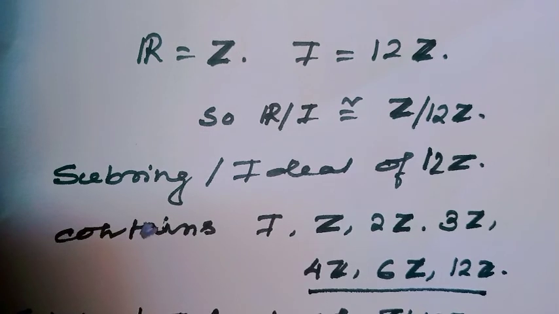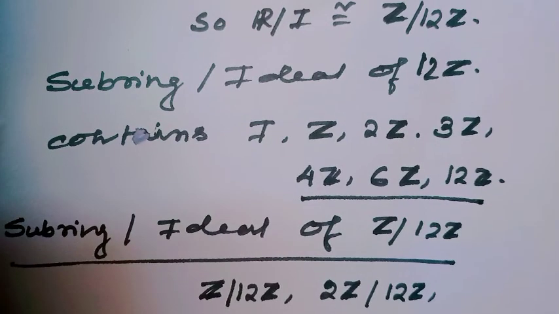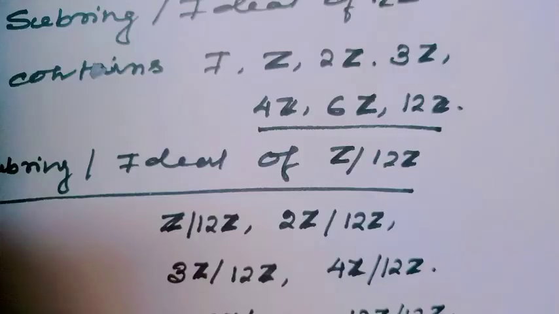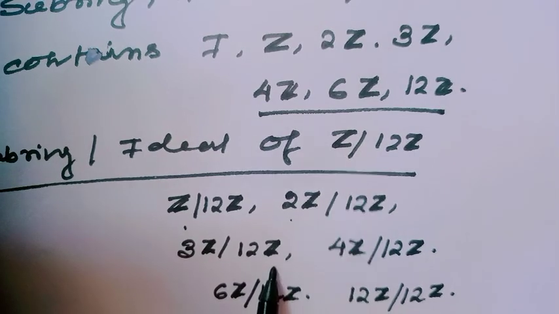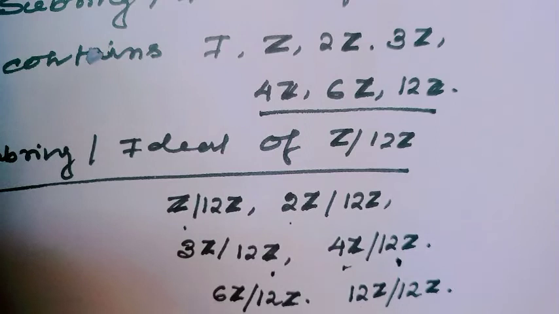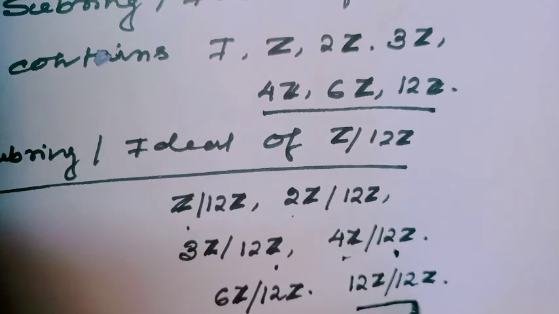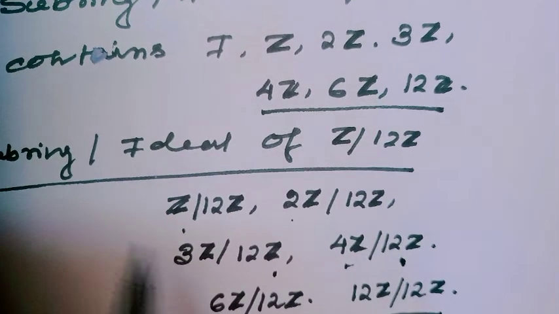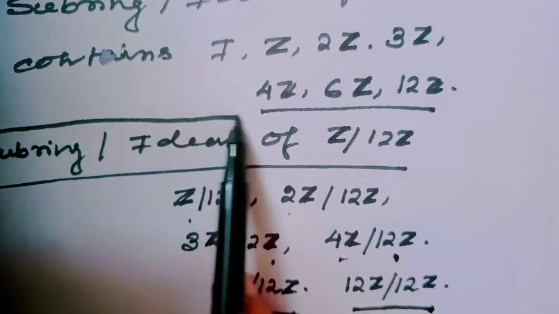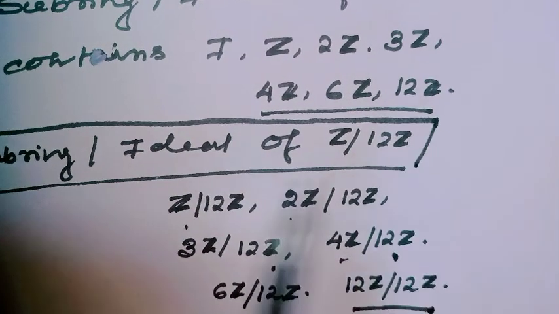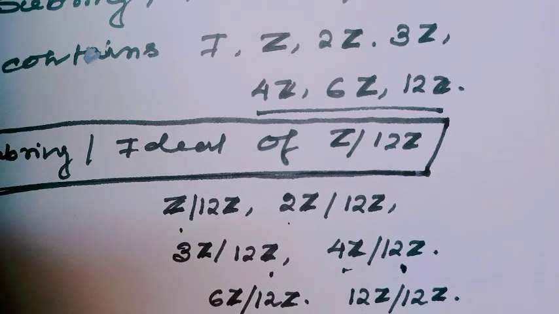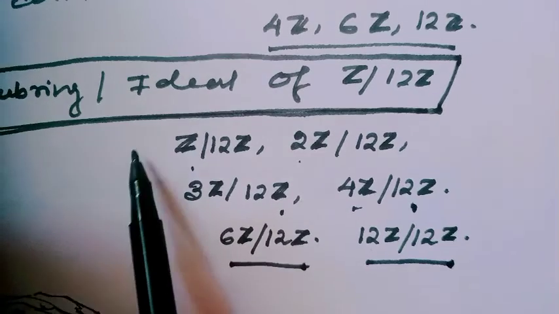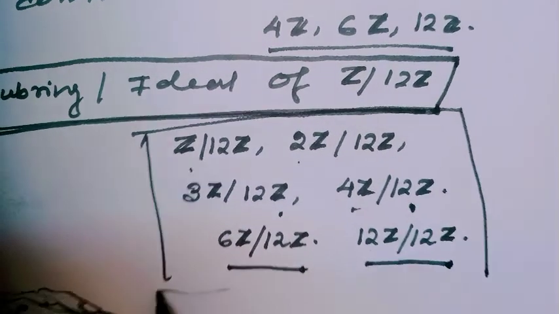Then the subrings or ideals of Z mod 12Z would be Z mod 12Z, 2Z mod 12Z, 3Z mod 12Z, 4Z mod 12Z, 6Z mod 12Z and 12Z mod 12Z. This is the question: how many subgroups exist in the quotient ring Z mod 12Z? Then this answer would be this.